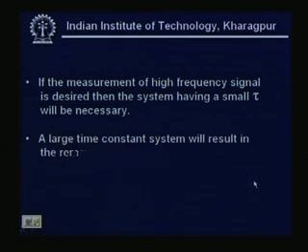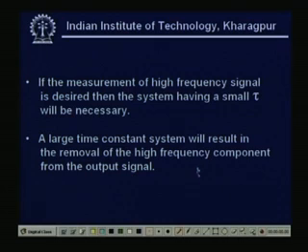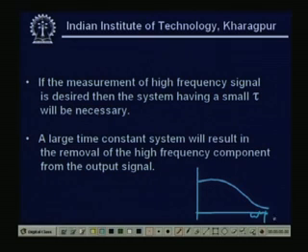A large time constant system will result in the removal of the high frequency component from the output signal. Quite obviously, if the frequency is high, we have seen from the plot that the response falls down, so omega tau is large.